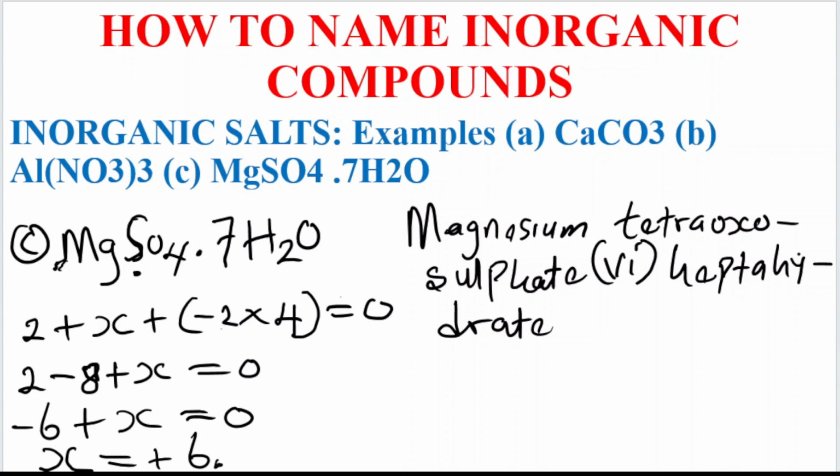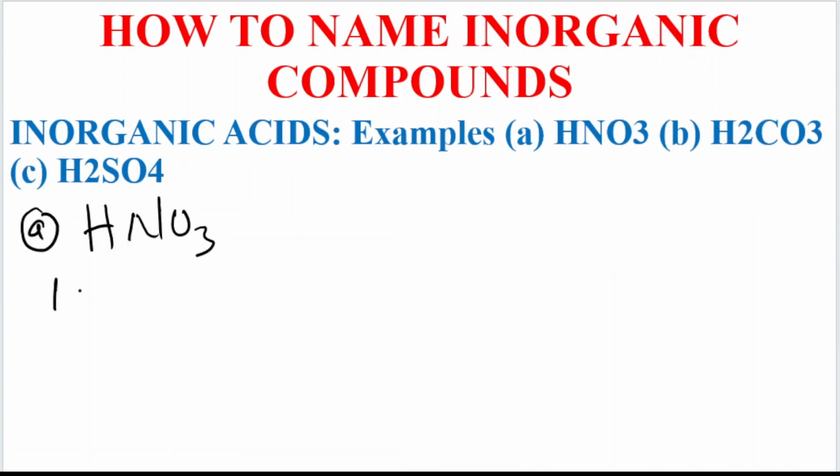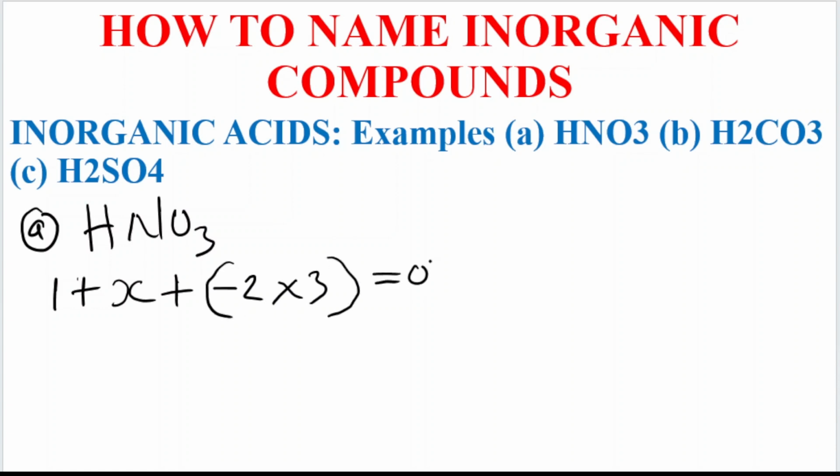Now let's look at how we can calculate that of an acid. How can we name an inorganic acid? Looking for the central element here, plus X. Then plus minus 2 times, we have 3 oxygens. Of course, it equals 0 because it's a neutral compound. So 1, we collect like terms.